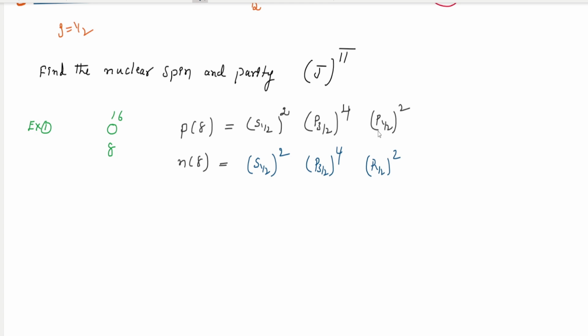So if you observe here clearly, there is no single nucleon. As I said earlier, the properties of the nucleus are found by the single unpaired nucleon. So here there is no single unpaired nucleon. Therefore, J equal to 0, and parity equal to positive.